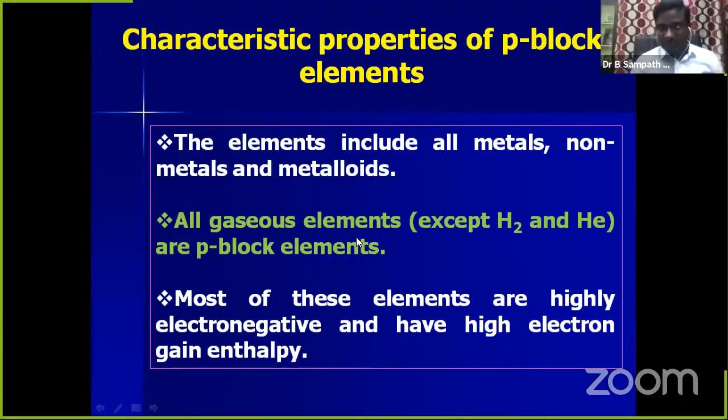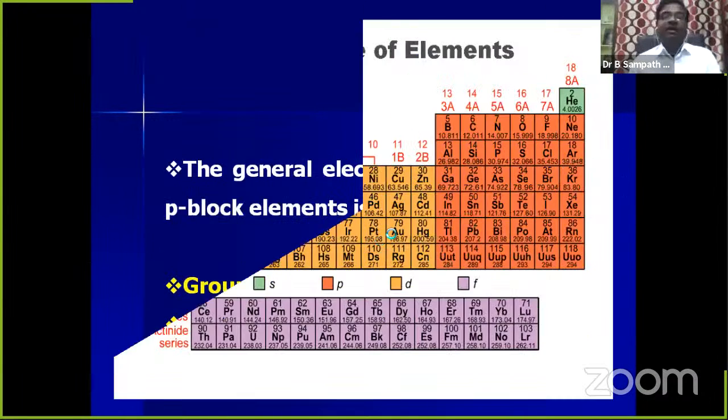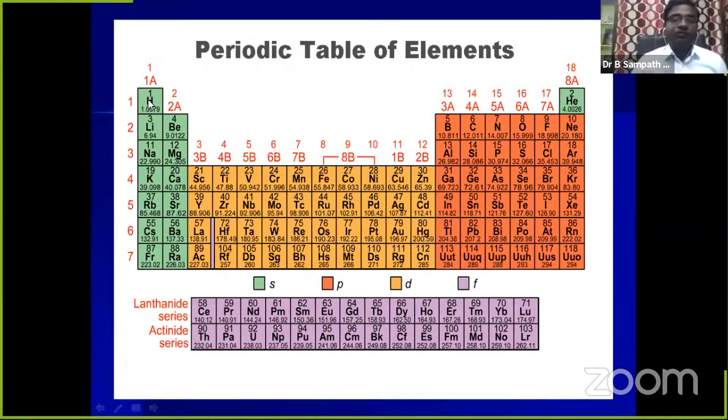In the periodic table we have 11 gases. Hydrogen is 1, helium is 2, nitrogen 3, oxygen 4, fluorine 5, neon 6, chlorine 7, bromine 8, argon 9, krypton 10, xenon 11.